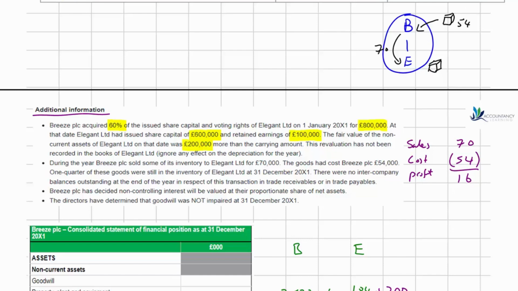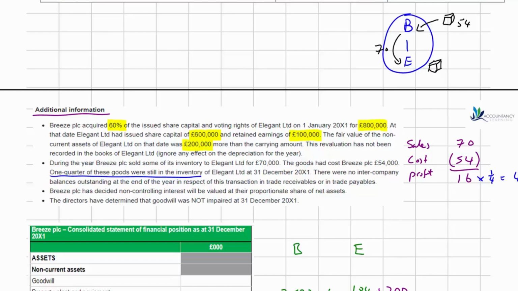However, it further tells us that 1/4 of these goods were still in inventory. So we only need to make an adjustment for the inventory that is still sitting in the accounts. So we need to multiply that by 1/4, and that gives us a profit adjustment of 4. And we need to reduce the value of inventory by 4. So it's at the lower of cost and net realizable value to the group.